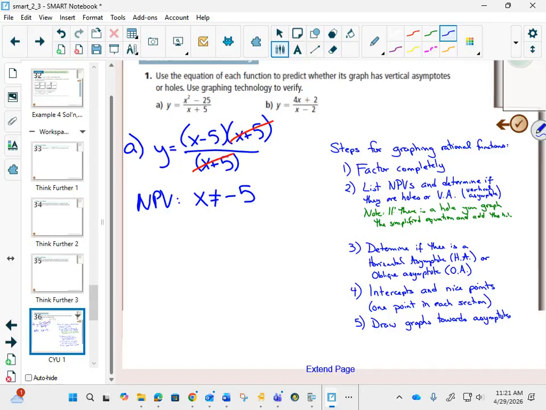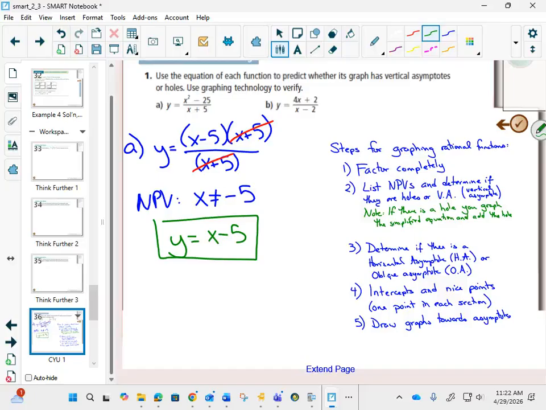I wrote it in green here. I couldn't write it in green in yours. Maybe you want to highlight this note in a different color on your bookmark. After they cancel out, I'm going to write my new equation in green here. If there is a hole, you graph the simplified equation and add the hole.